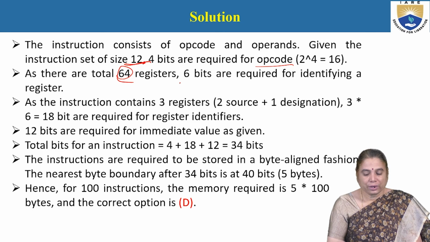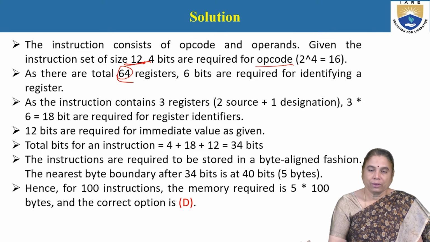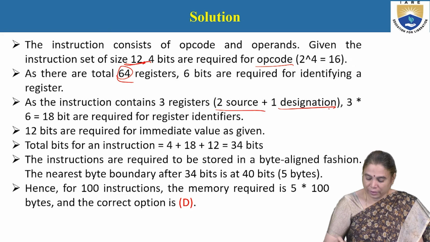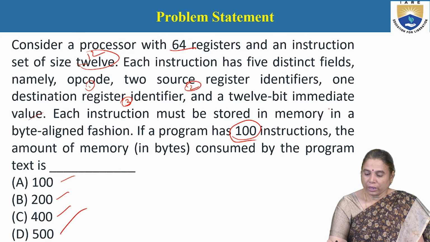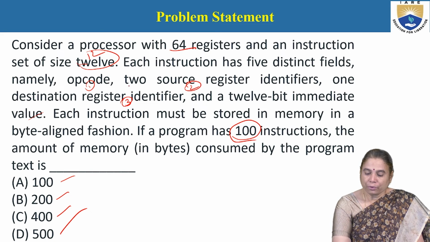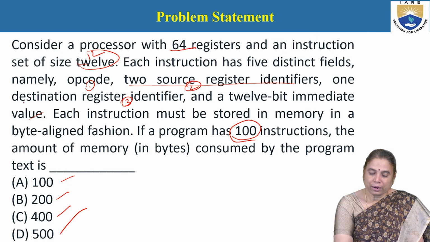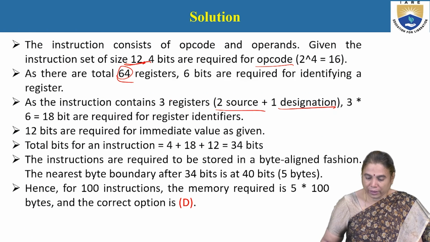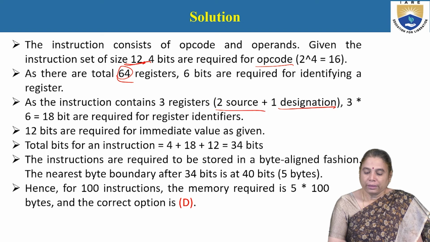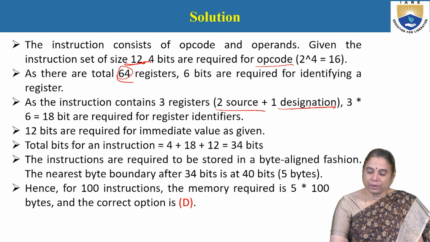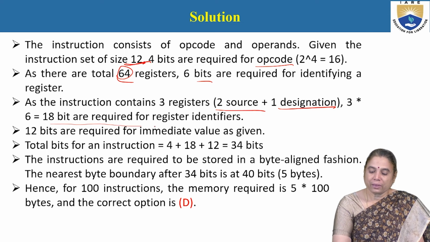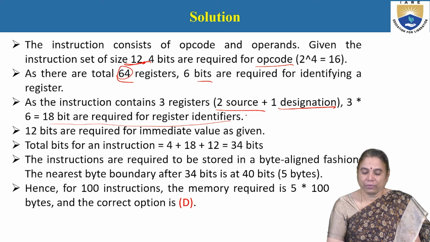So as the instruction contains 3 registers, 2 are the source and 1 is the destination. So here 2 source register identifiers, 1 destination register identifier. So 3 registers, 2 source registers, 1 destination register, 3 into 6 requires 18 bits for register identification.